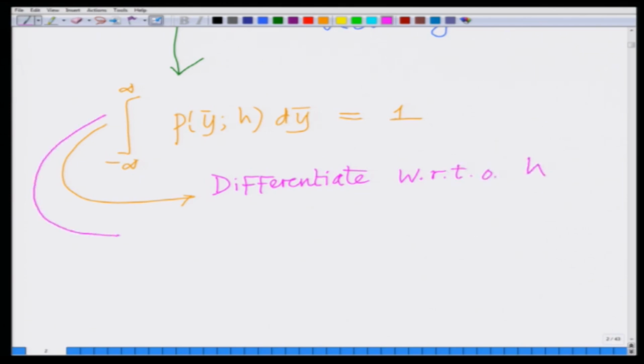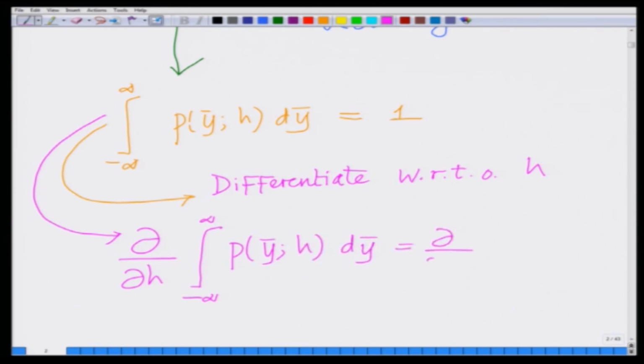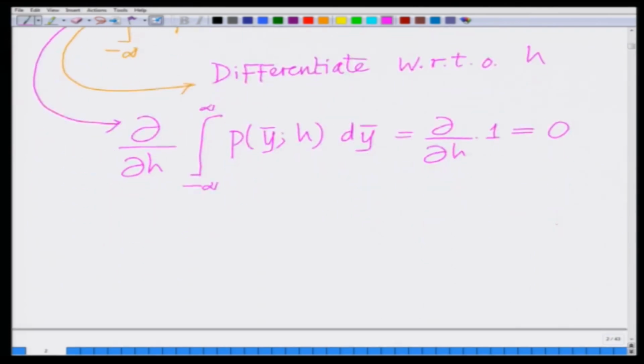Therefore, what we have is the partial derivative with respect to h of the integral from minus infinity to infinity of p of y bar parameterized by h, d y bar, equals the partial derivative with respect to h of 1. But the derivative of this constant 1 with respect to h is 0, which means the partial derivative of the quantity on the left with respect to h is 0.